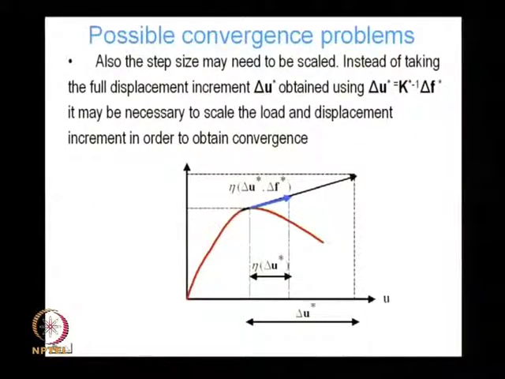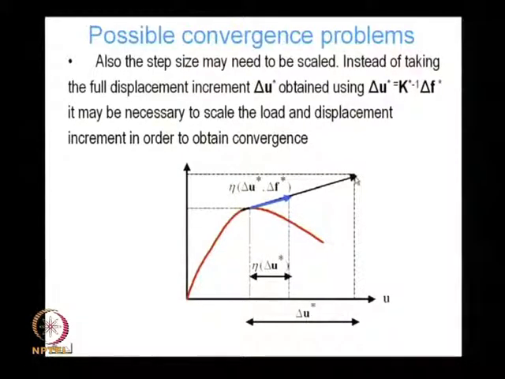What is another situation? Here we are again looking at a maximum, where the load has reached a maximum, and then the load displacement curve is going down. Suppose I calculate a tangent here, and I take a step like delta u star.